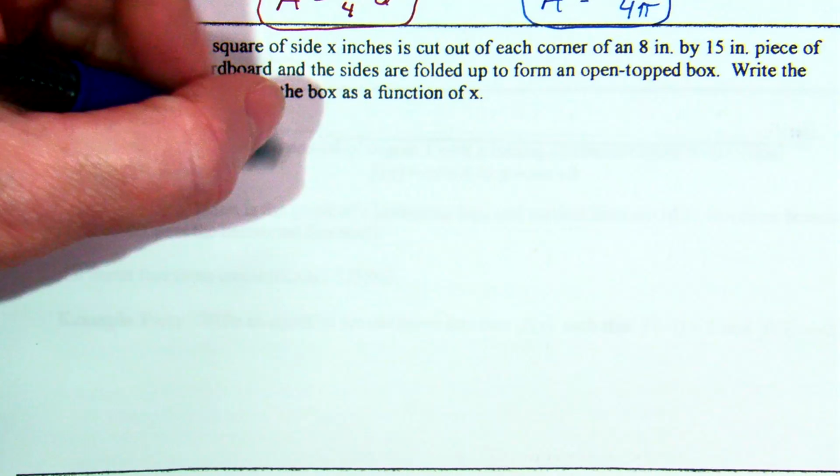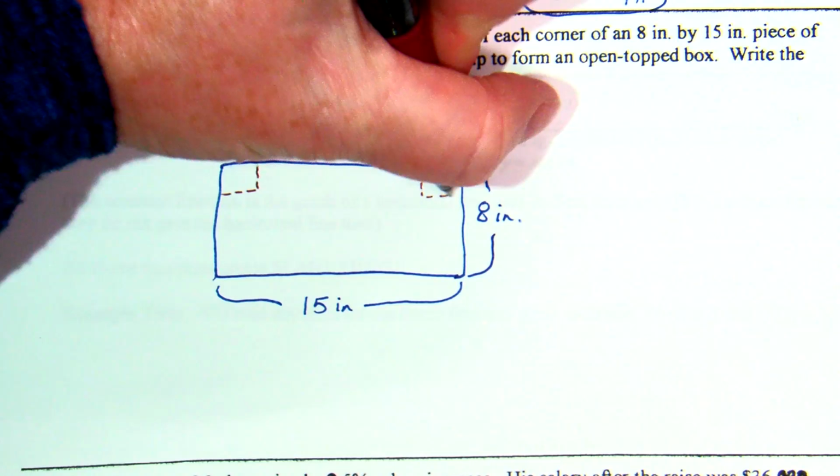In this corner. And in this corner. And what do we know about each of those squares? They are side x. And so if a square has one side x, that means all the sides are x. Not that you have to go through and label all of these.